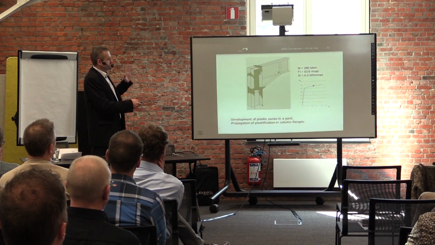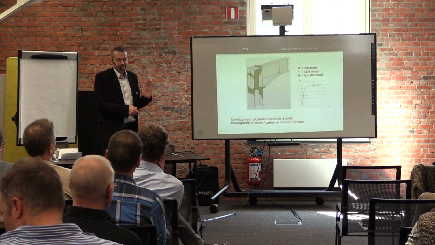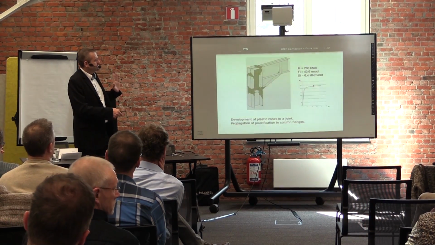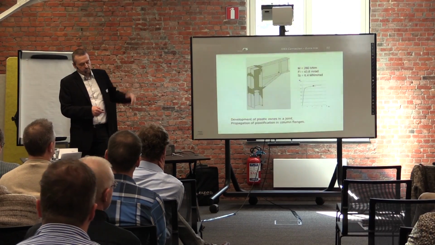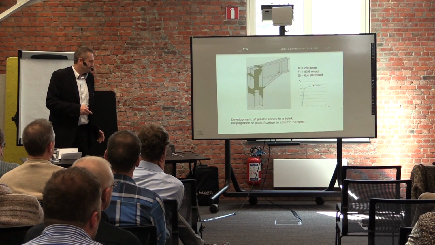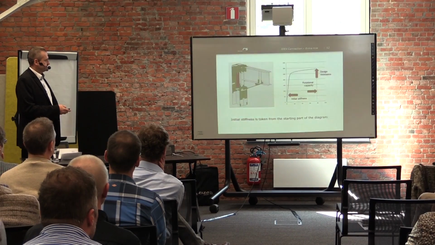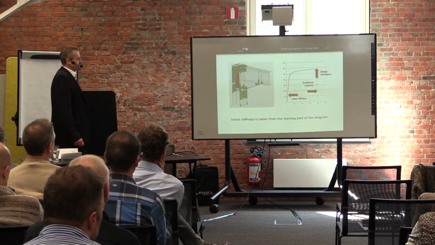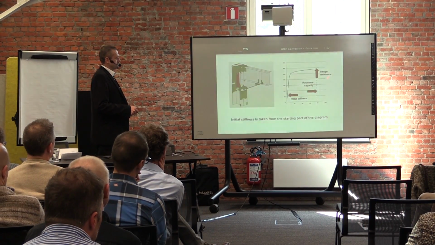If you are here, it's quite dangerous, and you can see that there is not much space to add another load. So from these pictures you can see the design resistance. In fact, this is the rotational capacity of the joint, and from the initial branch of the diagram, we can understand what the initial stiffness is.